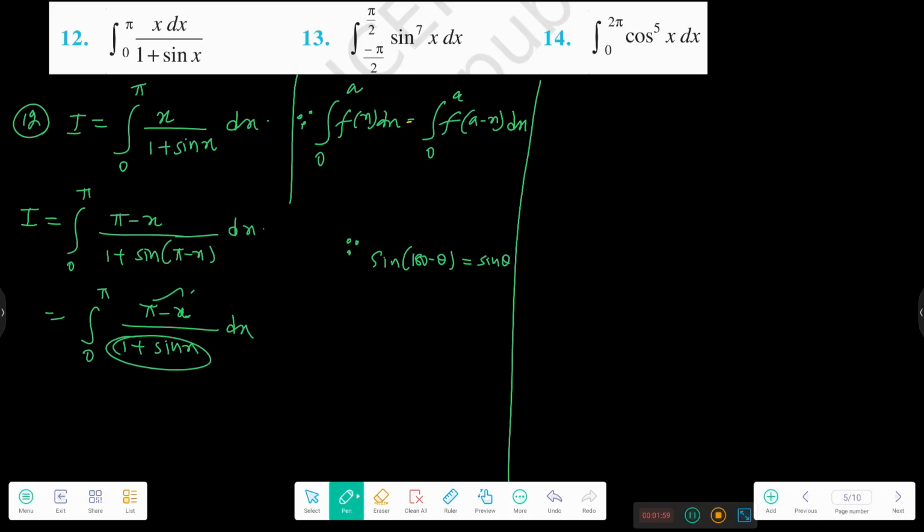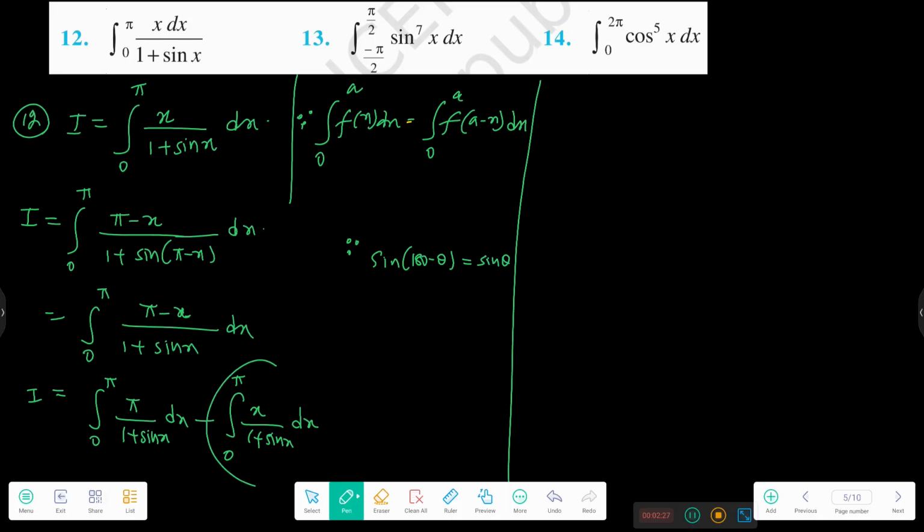Now take the denominator, give it separately for both the numerator. Let's see what we are getting. So I equals the integral from 0 to pi of pi divided by 1 plus sin x dx minus the integral from 0 to pi of x divided by 1 plus sin x dx.